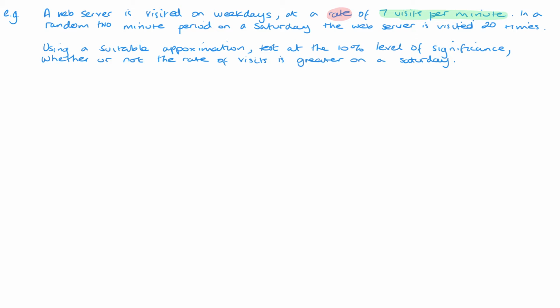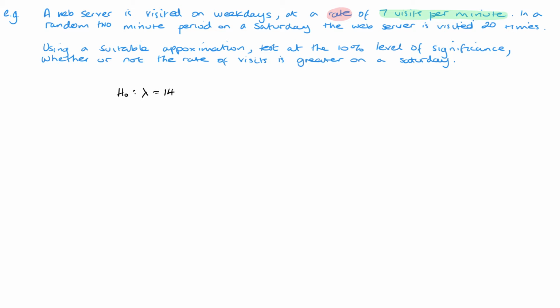So we need to think about our null hypothesis. For this one, H0 is going to be lambda equaling 14, isn't it? 7 visits per minute, 2 minutes, 14 visits.